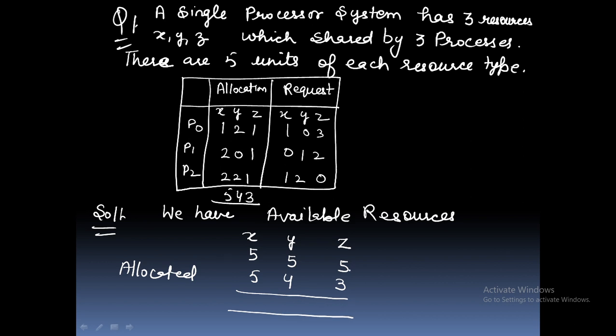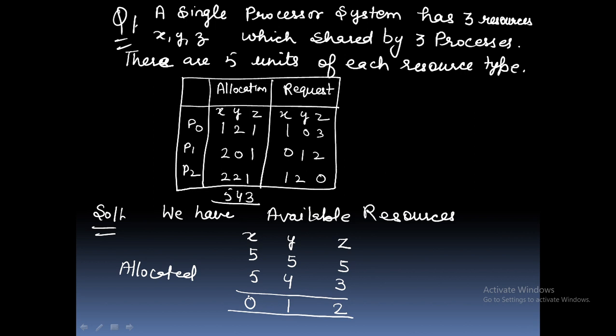Total resources are 5, 5, 5, allocated 5, 4, 3, and the rest we have available only Y and Z. Y is 1 and Z is 2 and X is 0. 0, 1, 2, these are the available resources.